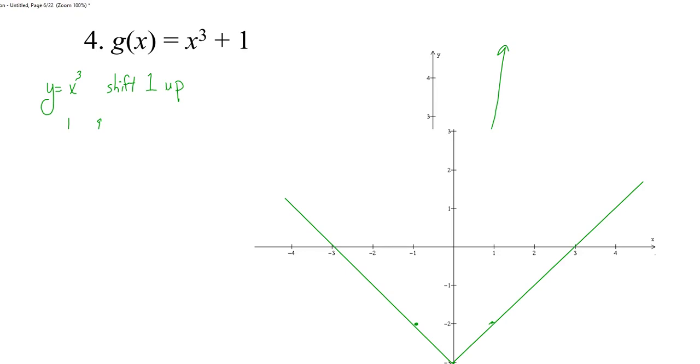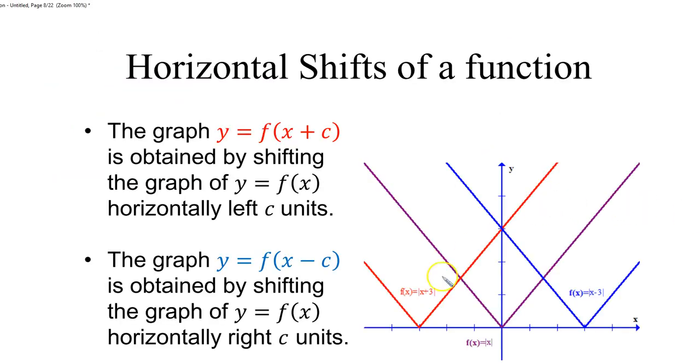These that we're talking about now, which are our horizontal shifts, notice that that plus 3 is inside your absolute value function. This is x minus 3, which is once again inside my absolute values, and that's what's telling me we're shifting side to side, or that horizontal movement. So if it's added or subtracted to the function itself, it's vertical because we're changing the y values. Here we're changing the x values, and so that's going to make it side to side or horizontal.